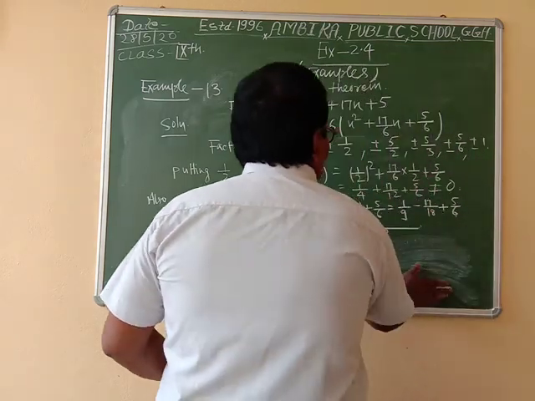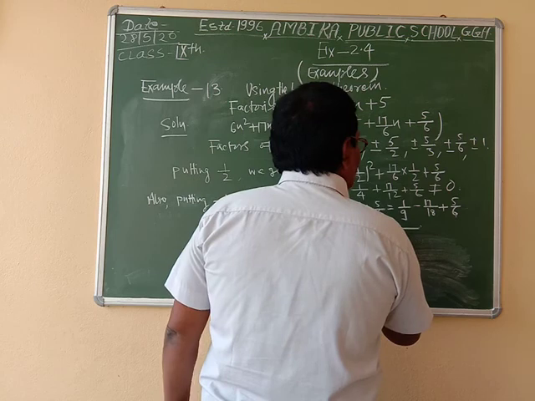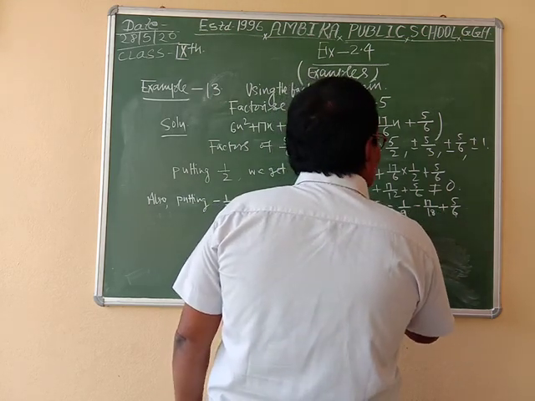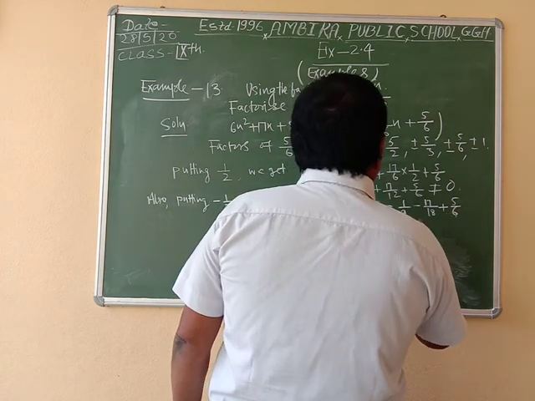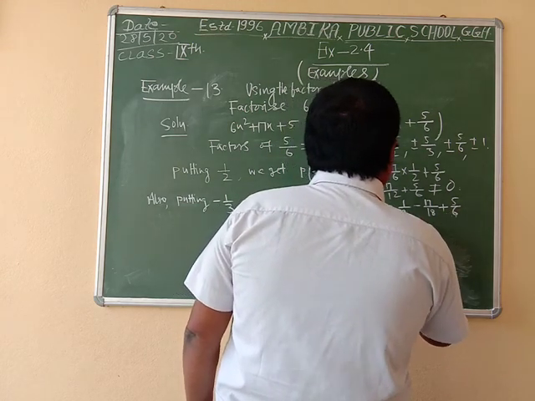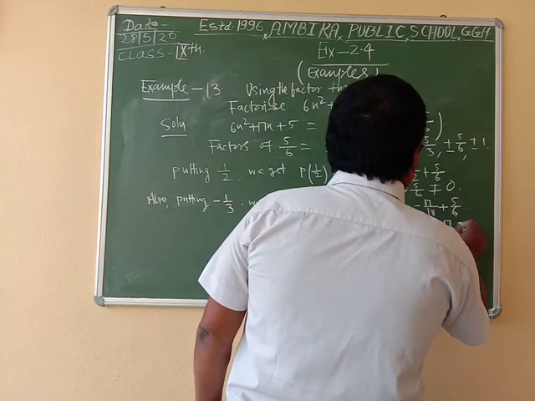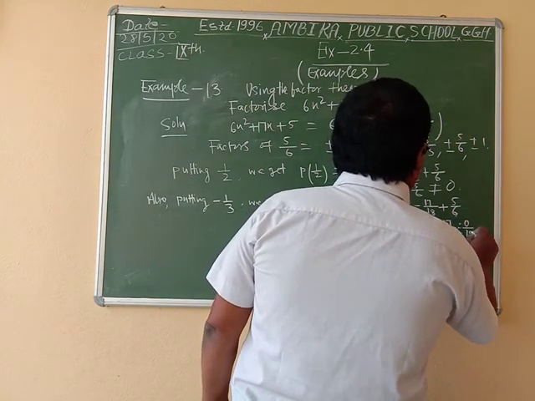Dividing by 9, we get 2 minus 17 plus 15, which is equal to 17 minus 17 by 18, which is 0 by 18, equal to 0.